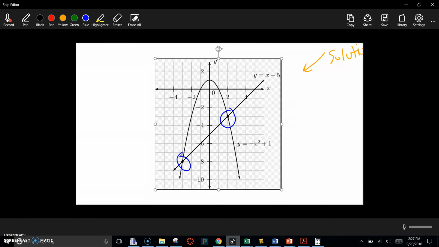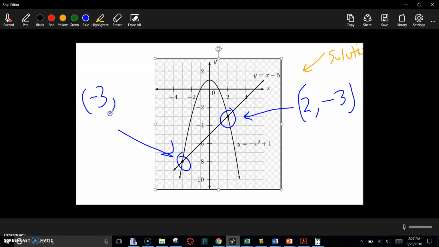One answer should be this point, which is 2, negative 3, because over 2 and down 1, 2, 3. And then it has this solution right here, which would be negative 3, and it's down at negative 8.